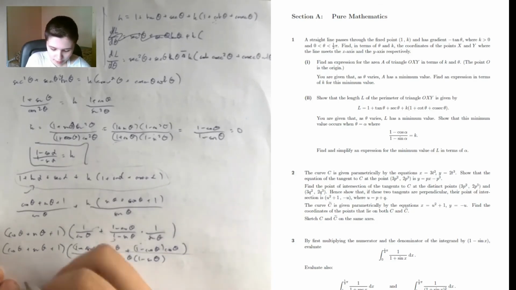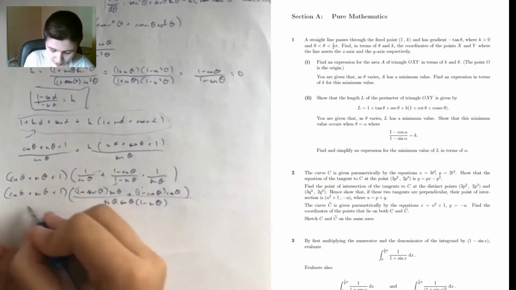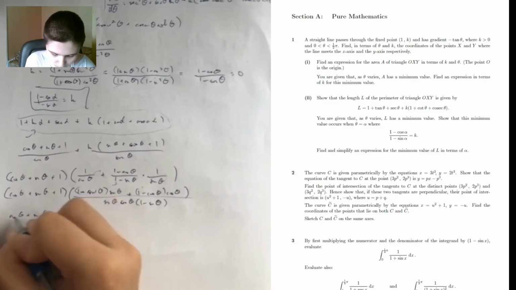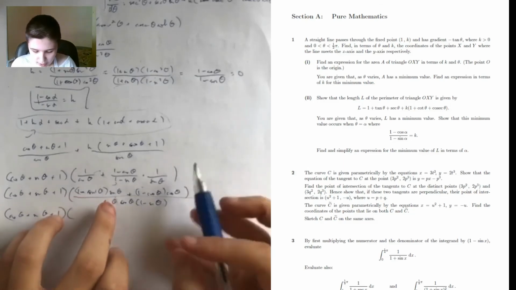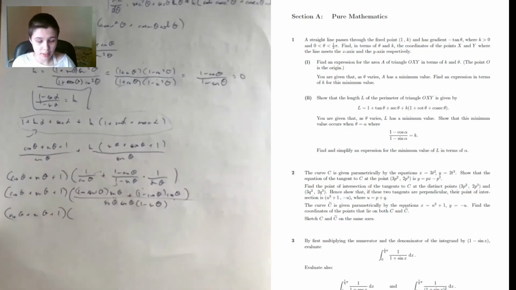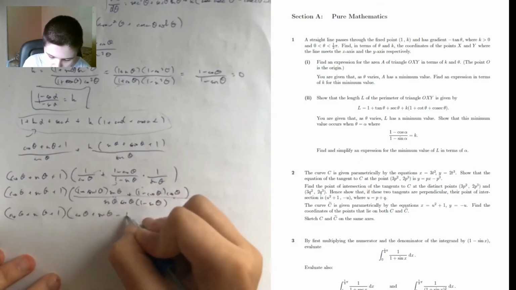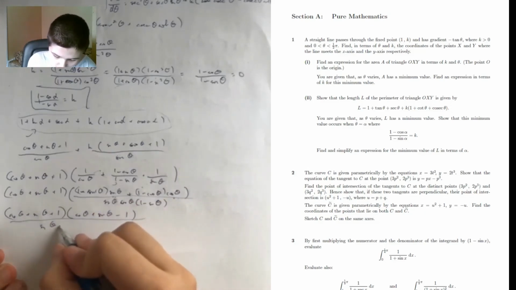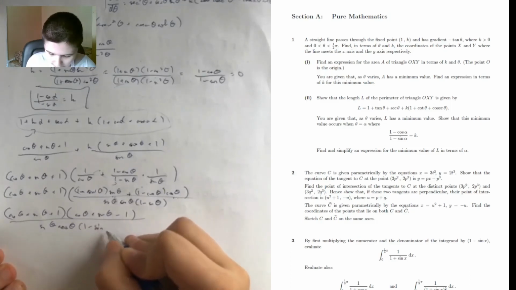Simplifying this stuff is going to give cos theta plus sine theta plus 1 times sine theta plus cos theta, and then we have minus sine squared theta minus cos squared theta, so minus 1. So cos theta plus sine theta minus 1, all over sine theta cos theta 1 minus sine theta.